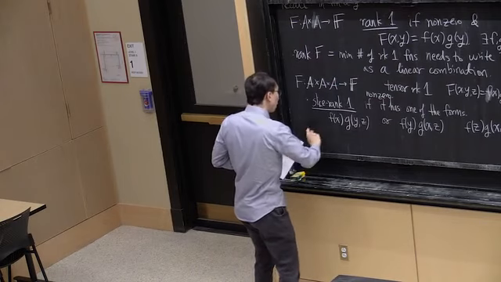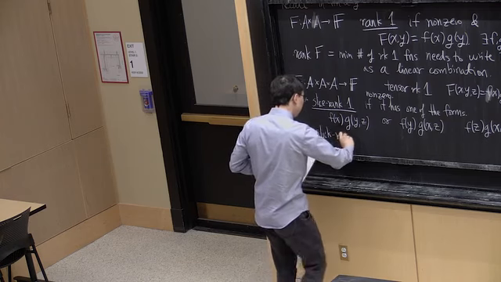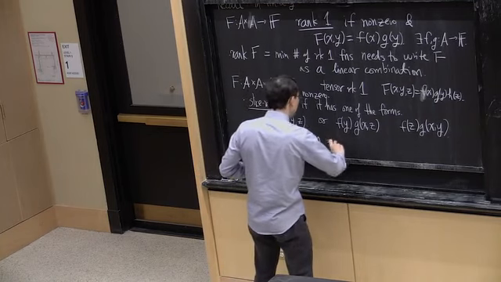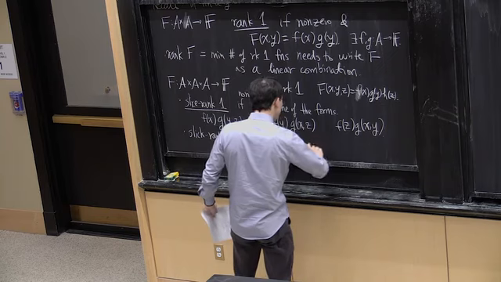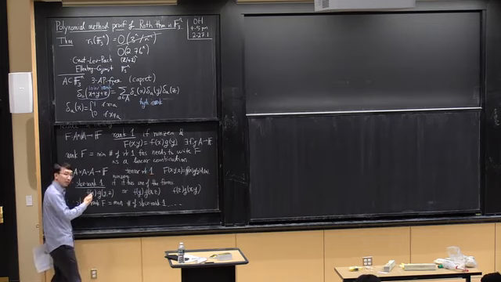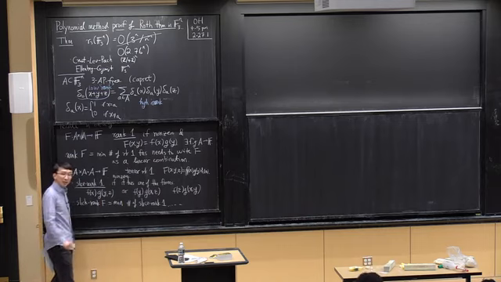And just like earlier, we define the slice rank of f to be the minimum number of slice rank 1 functions that you need to write f as a sum. So I can decompose this f into a sum of slice rank 1 functions.